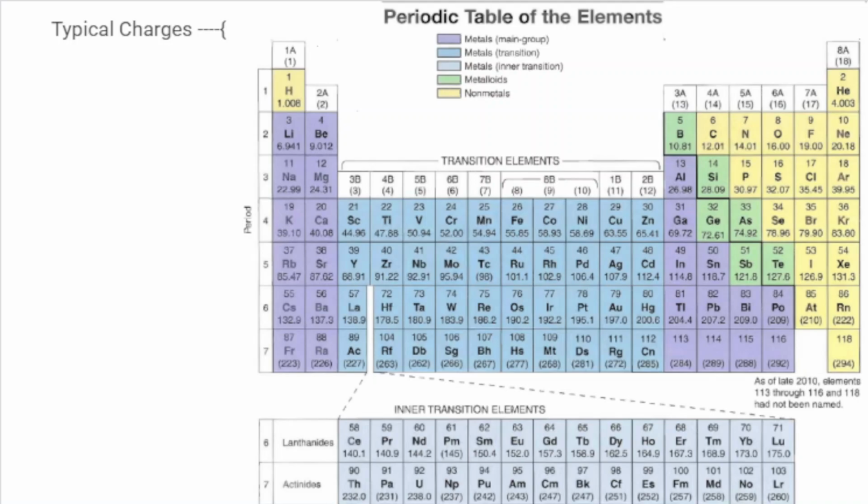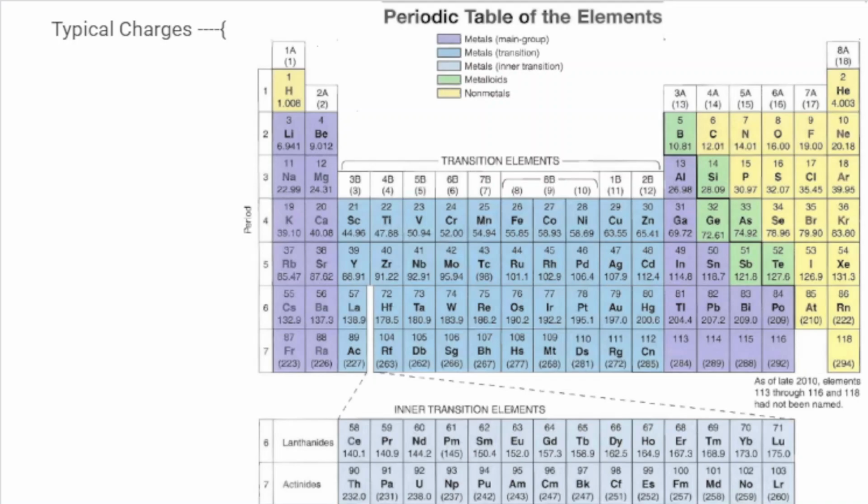So if we look at lithium, lithium can gain 1, 2, 3, 4, 5, 6, 7 electrons in order to get to a noble gas configuration. Or it can do a secret option and lose 1 electron to get up here to helium and again attain a noble gas configuration.